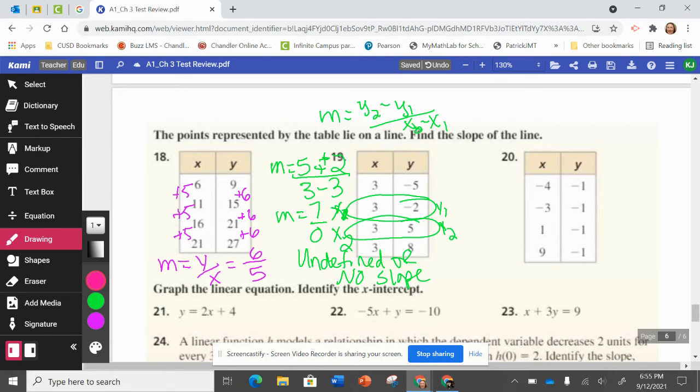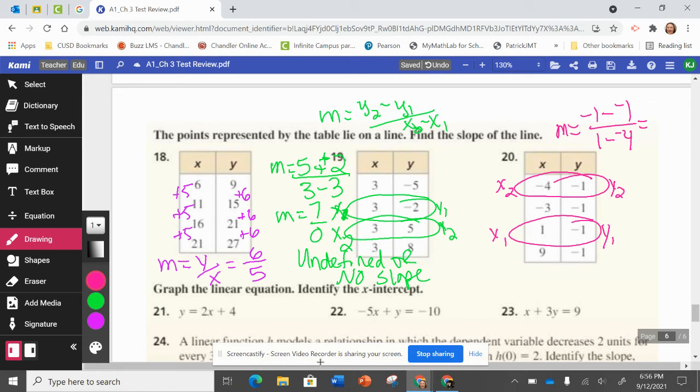Versus if I'm over here on number 20, let's see. This time I'm going to pick the first one and the third one. I'm going to have this be y1, x1, y2, x2. Because remember, it doesn't matter which is which as long as you're consistent. So y2 is negative 1 minus y1 is negative 1 over x1 is 1 minus x2 is negative 4.